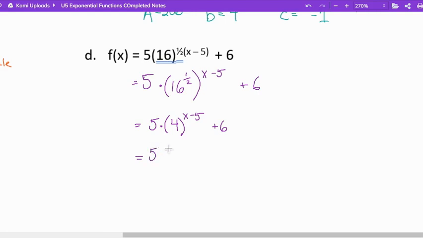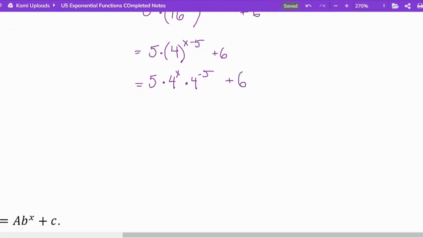Okay. 5 times 4 to the x times 4 to the negative 5. Uh-oh, folks. We've got 4 to the negative 5. What's the word? Reciprocal. Okay, so it's actually going to be 1 over 4 to the power of 5.